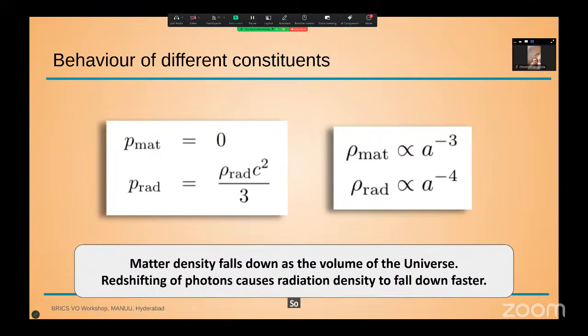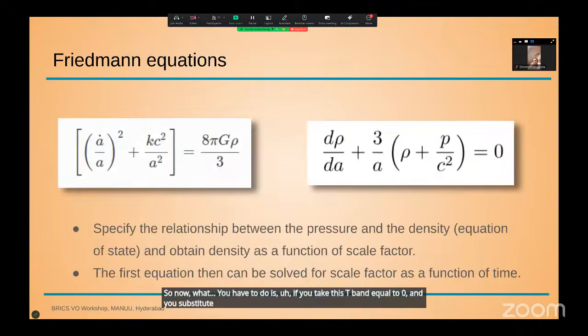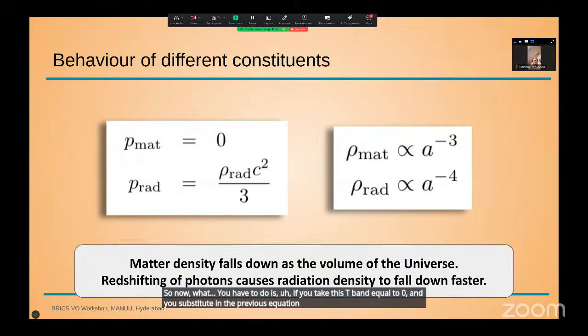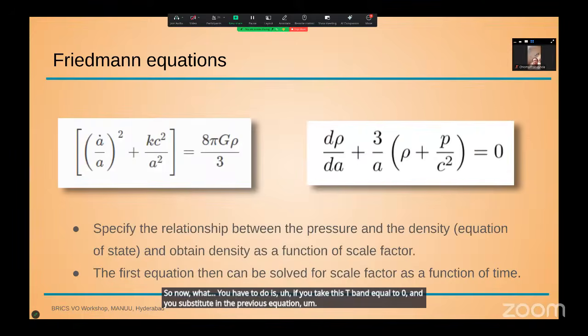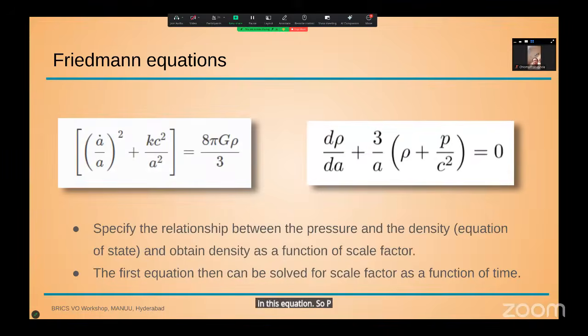So now, what you have to do is, if you take P equal to 0 and you substitute in the previous equation, so P is equal to 0, you see that d rho by dA plus 3 times rho by A is equal to 0.